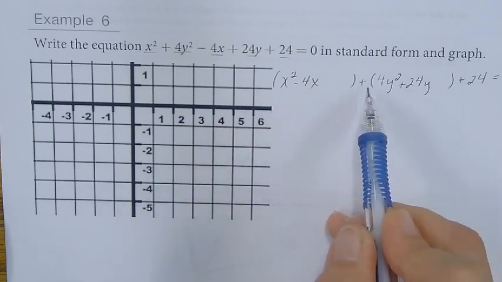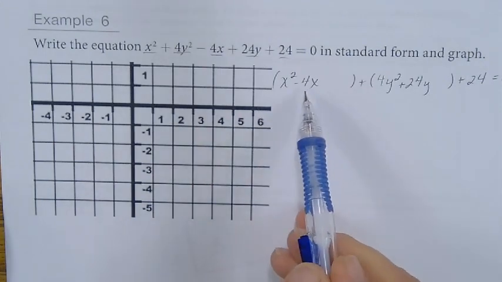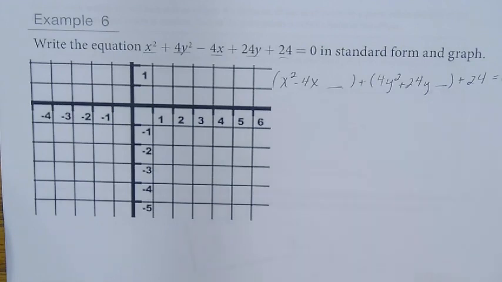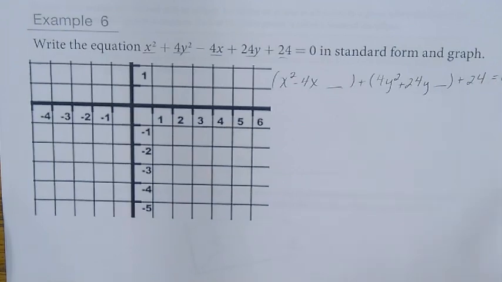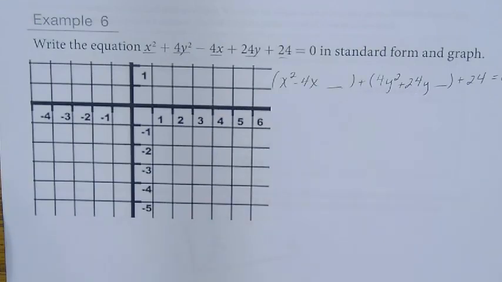And then in each of these parentheses, I'm going to do the work to complete the square. So what do I have to add in here, and what do I have to add in here? Now remember, whatever you add into those, since we're working on the same side, you would also have to subtract it. This one we need to divide out a 4 first. So go ahead, take a minute and see what work you can do on completing the square there.